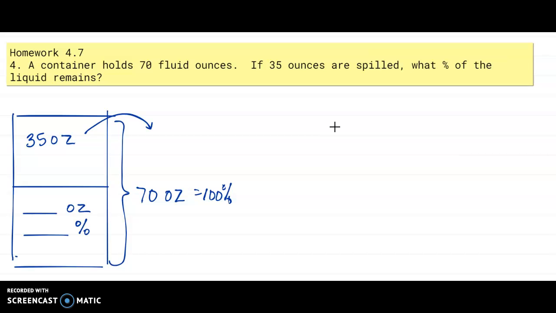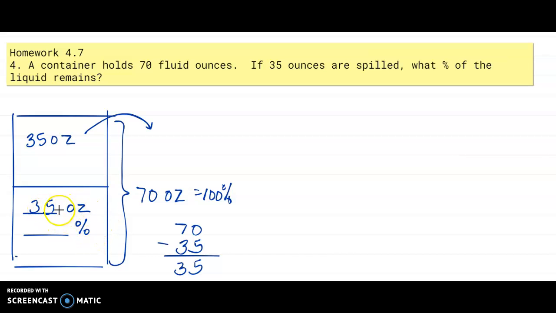So I will subtract 35 from 70, and that is equal to 35. So there are still 35 ounces in the tank. Some of you might see a quick way to solve this right away, but if not, we'll keep working at it.